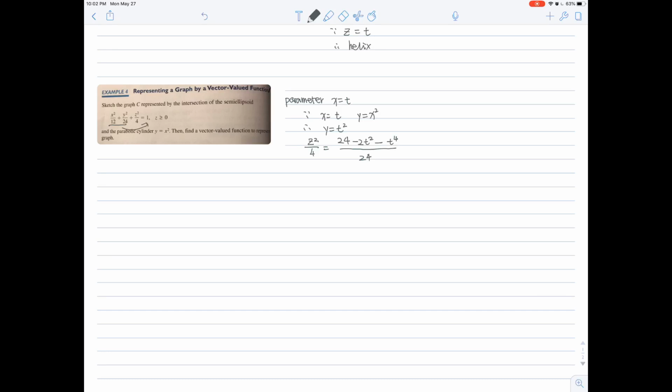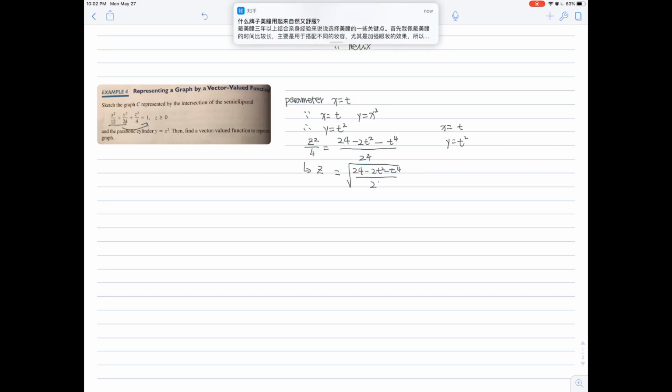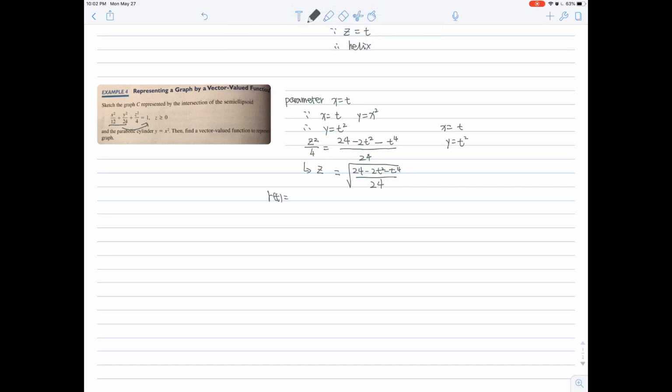And eventually we get the value of z, and at this moment, x, y, z can be represented by t. Then we can write out the vector valued function r(t) = ti + t²j + the square root of (24 − 2t² − t⁴/6)k.